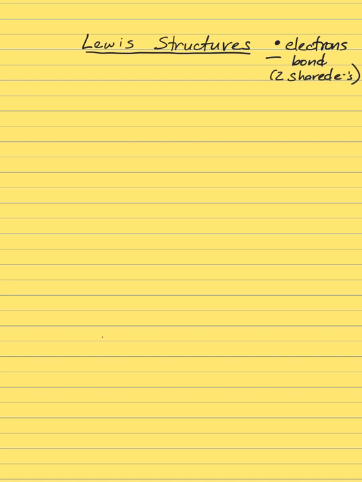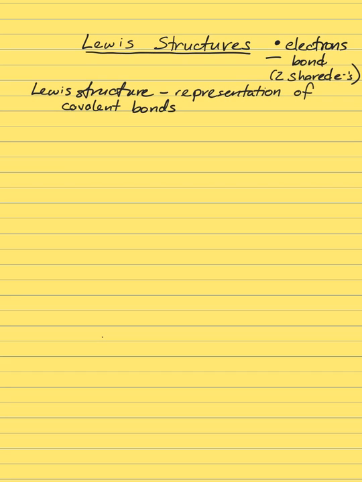The definition of a Lewis structure is a representation of covalent bonds and electrons in a molecule.